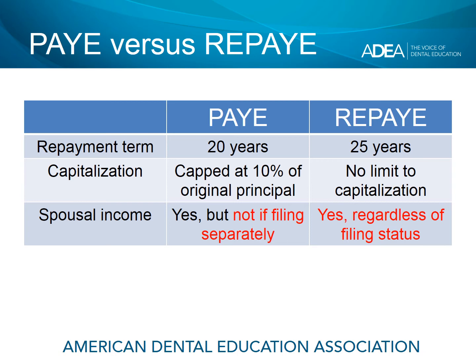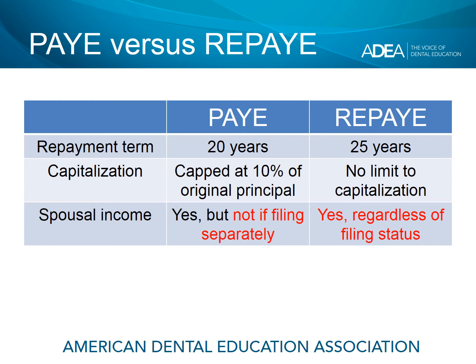What this simply means is after 20 years with PAYE or after 25 years with REPAYE, if there's a balance remaining, regardless of what kind of employment you've had, the debt will be forgiven. That's the forgiveness provision under PAYE and REPAYE. But a reminder, unlike public service loan forgiveness, the amount forgiven after 20 years with PAYE and 25 years with REPAYE is subject to tax based on current law.